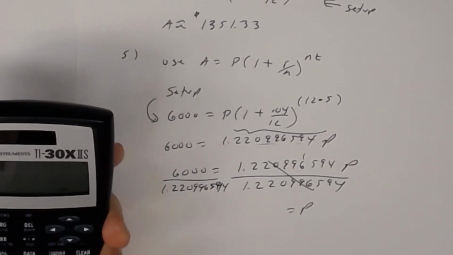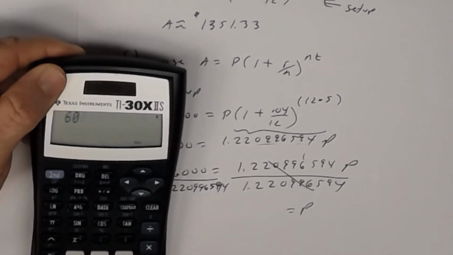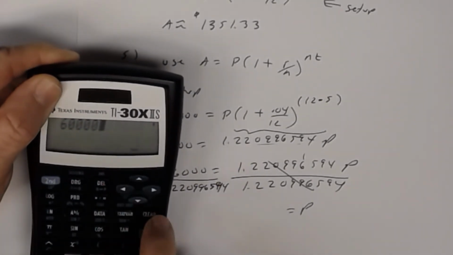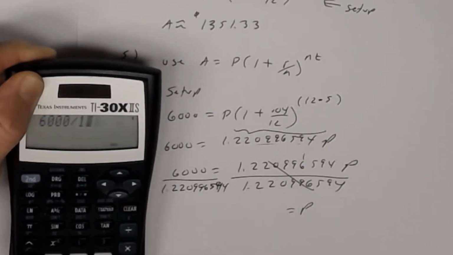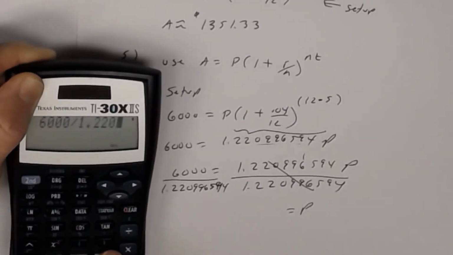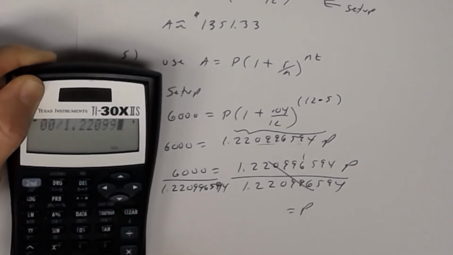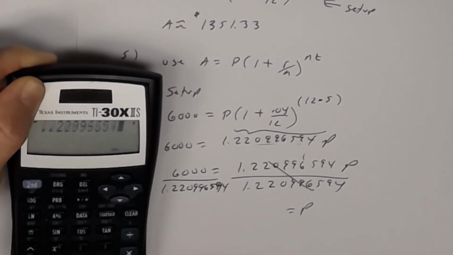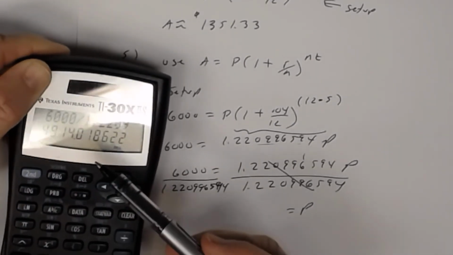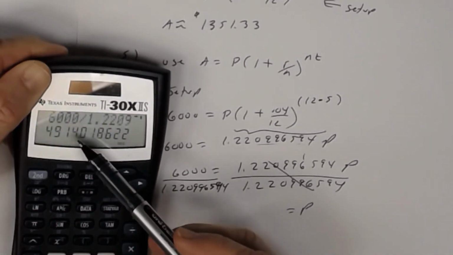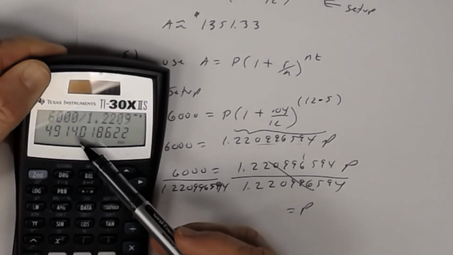So you're going to say 6,000 divided by 1.220996594. Press equal. Now remember, it said the nearest dollar. All right, so the nearest dollar is the ones place. So you got to look at the tens place.